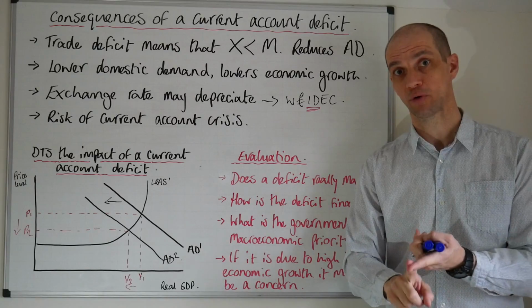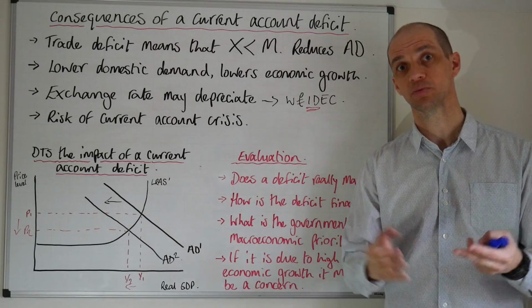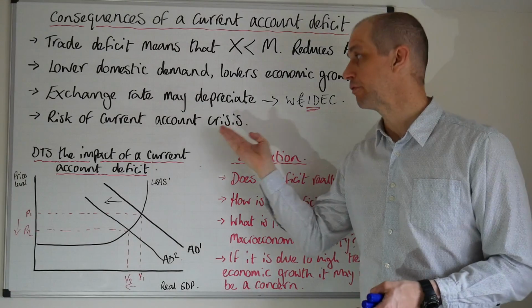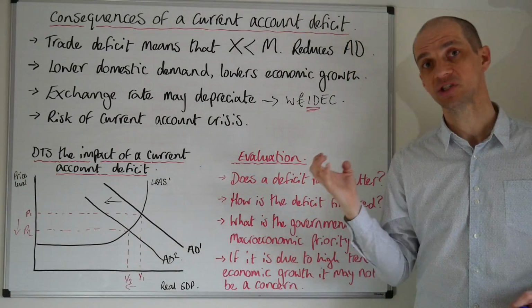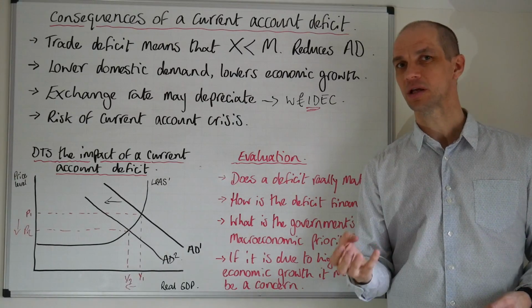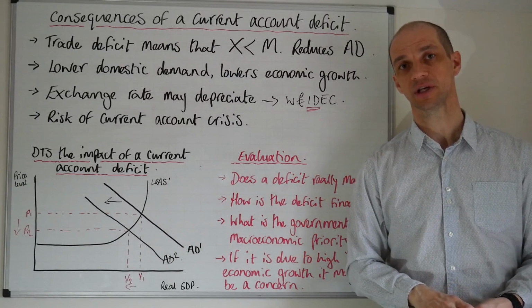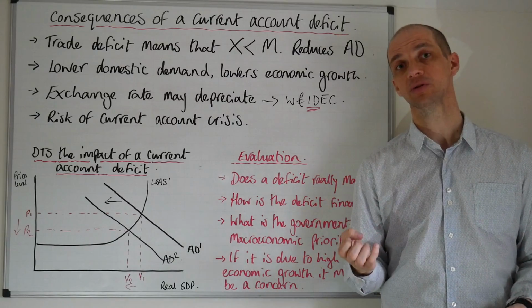So for instance, foreign direct investment through property purchases within a given country. Now for the UK economy, it seems that one of the key reasons why most economists weren't too worried about the extent of the current account deficit was because of the way in which it was being financed.